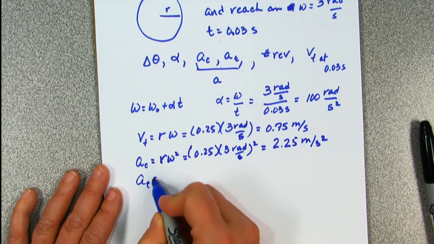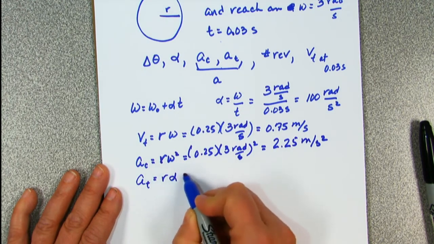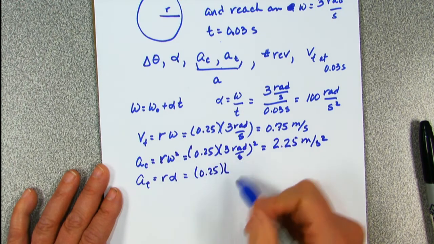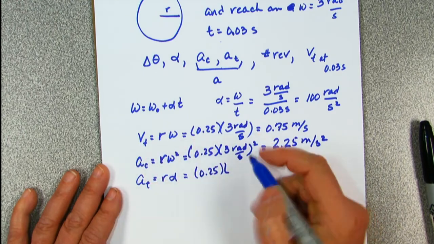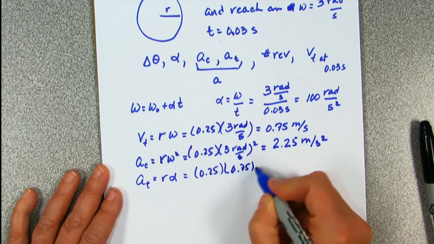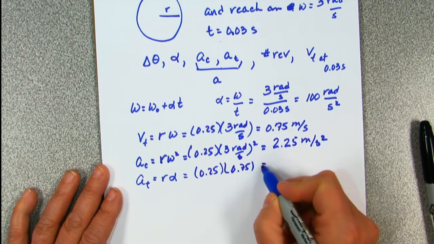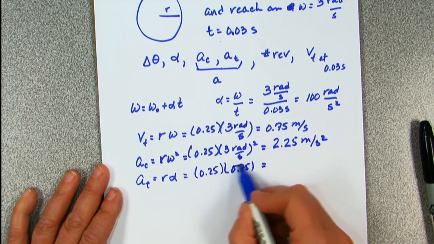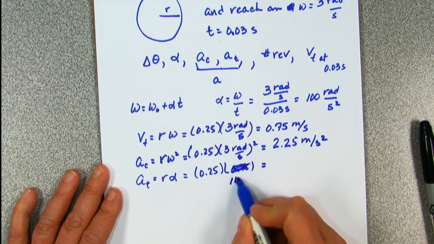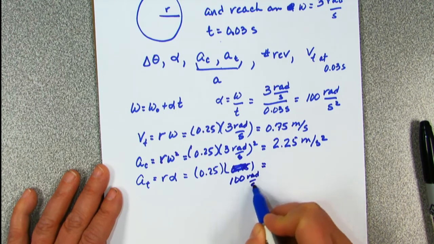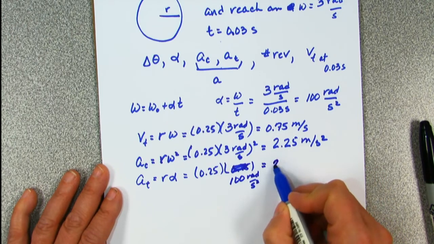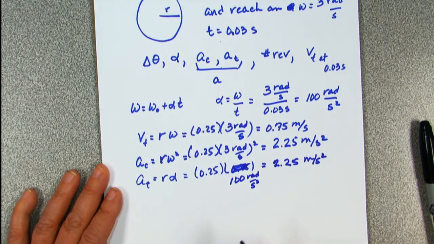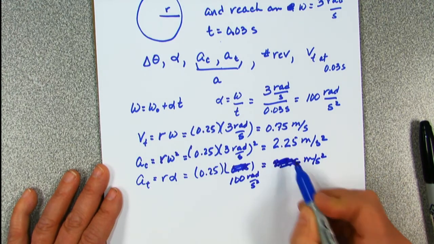My tangential is r alpha, so it's 0.25 times, no, I wrote the wrong thing in there. This is my 100 radians per second squared. I'm looking at the wrong spot.